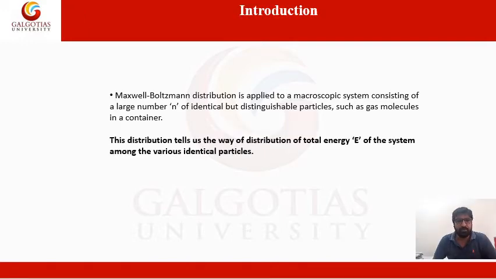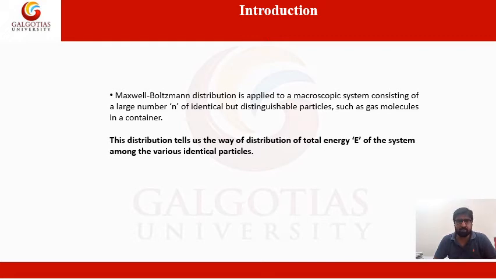Maxwell-Boltzmann distribution is applicable for a macroscopic system, or we can say a classical system, with a large number of identical but distinguishable particles, like ideal gas molecules or gas molecules in a container.